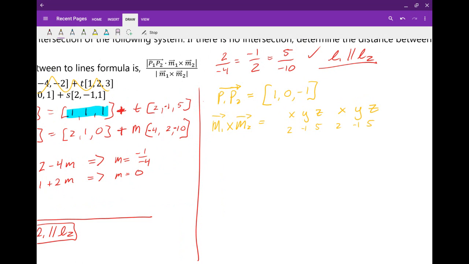And then I'm going to get negative 4, 2, negative 10, negative 4, 2, negative 10. Now to get my x component, it's 1 times negative 10, or negative 10, minus 2 times 5, which is 10. Oh, that's 0. How nice is that?